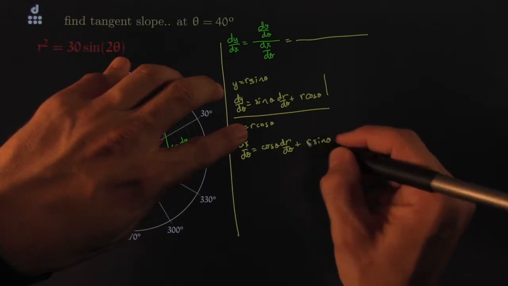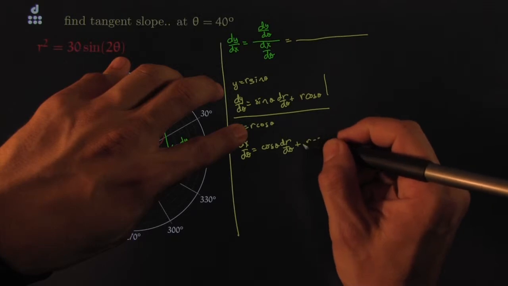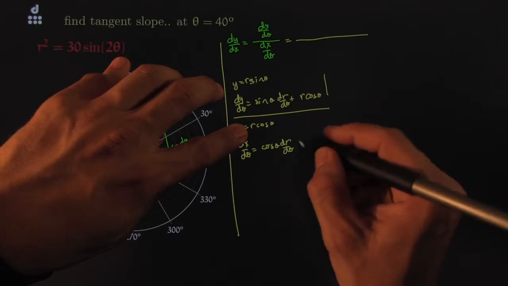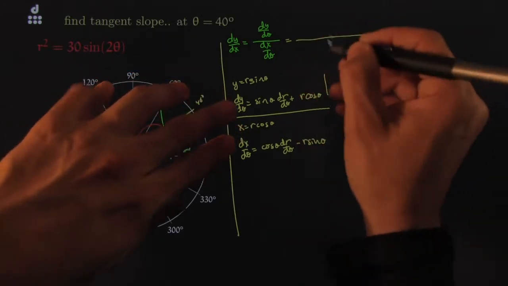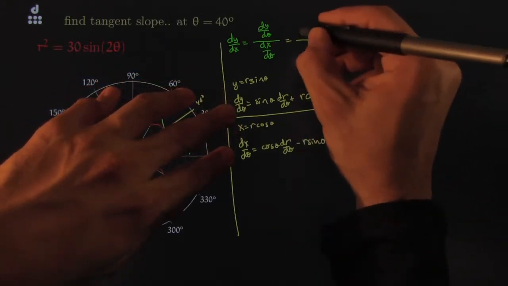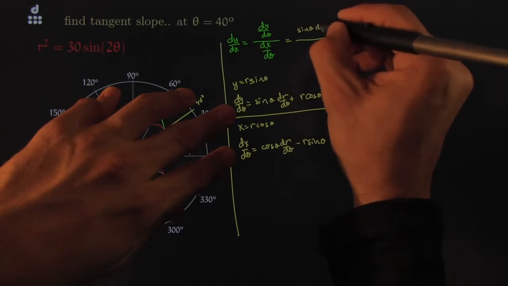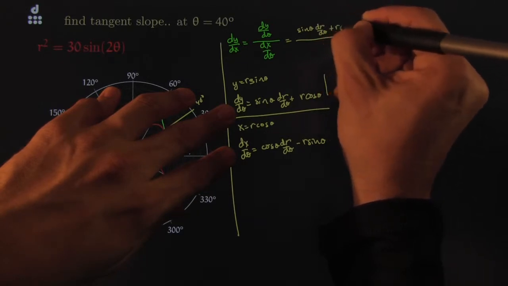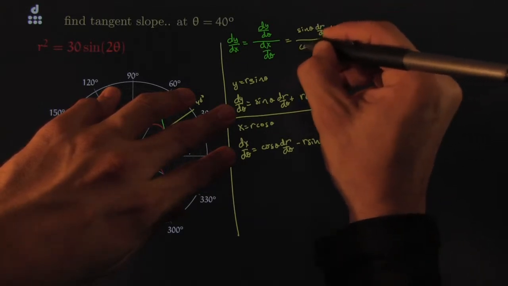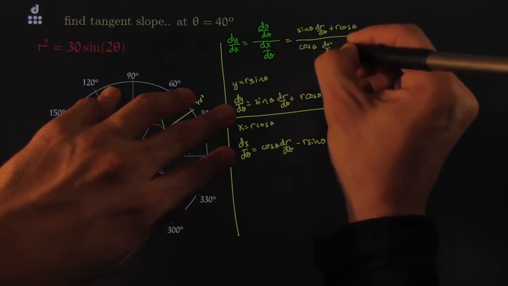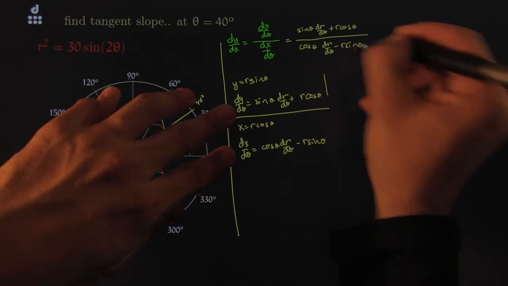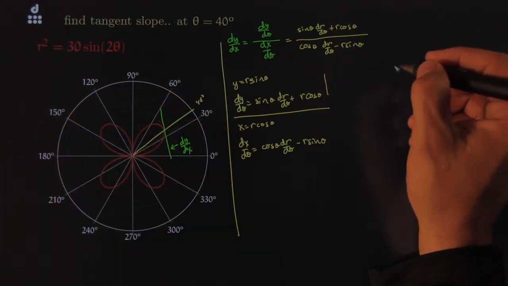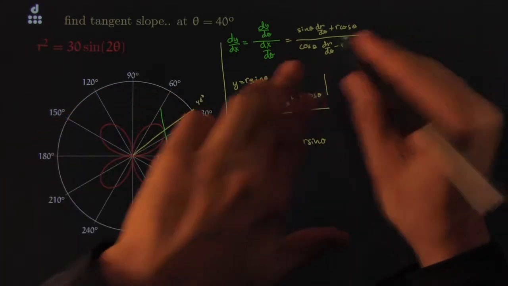And of course this one right here is minus, minus r sine theta. That's what goes on the numerator and the denominator. So this would be sine theta dr d theta plus r cosine theta, over cosine theta dr d theta minus r sine theta. Alright, that's what we have as our formula.